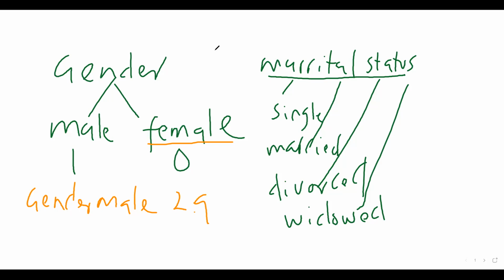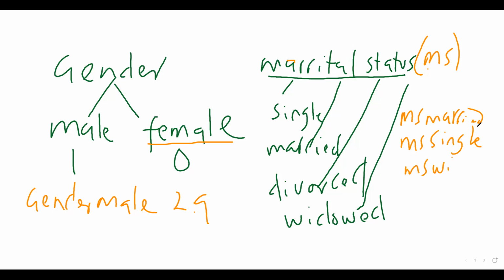Now the same way when you go to the marital status, you don't have to identify the reference category. The software will do it for you. Let's assume the marital status has been represented as MS. So you can have in the regression coefficient MS married, MS single, and then you can also have MS widowed.